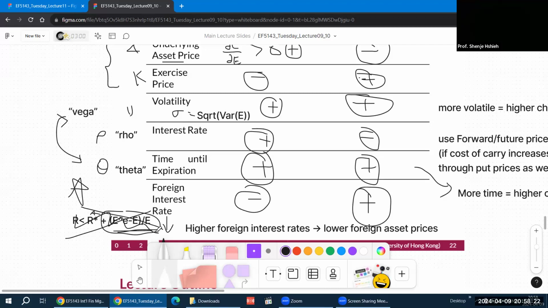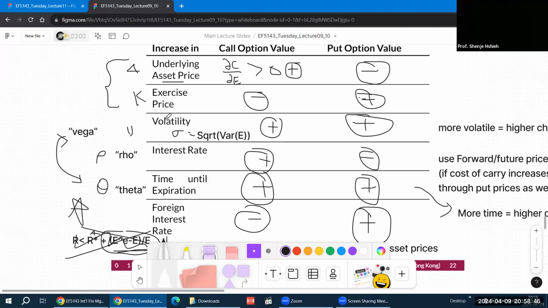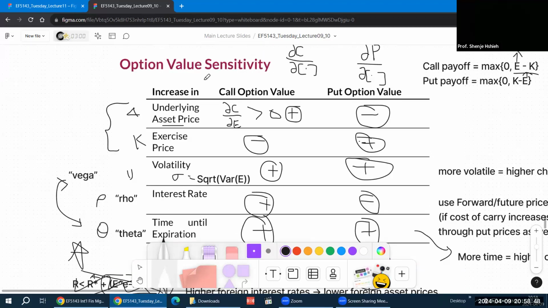I think that's the way to think about it. But you could also think about it in the other way that somebody suggested to me here. If you have higher foreign interest rates, that just naturally means that asset prices are dropping. There's an inverse relation, in which case, with lower asset prices, that's going to undermine the call option value.